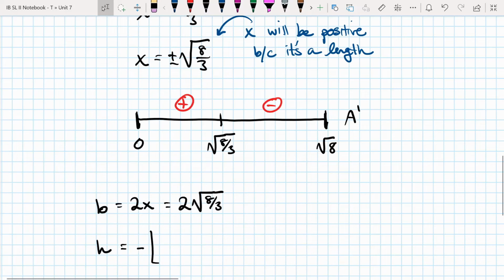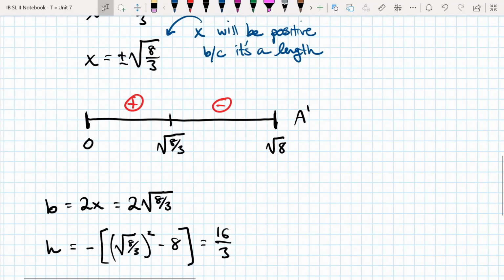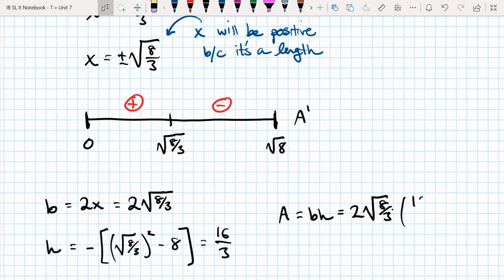But it's negative, so it's negative root 8 over 3 squared minus 8. All right, if you simplify that, that becomes 16 over 3. And so the maximum area here is going to be the base times the height, which is 2 root 8 over 3 times 16 over 3.